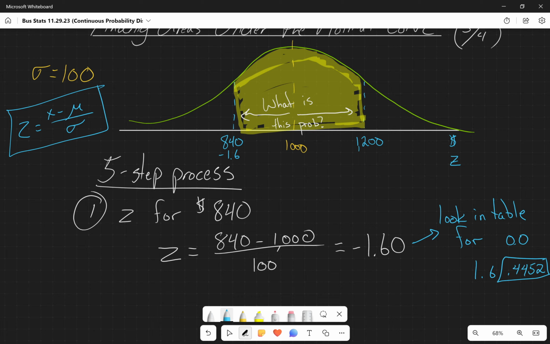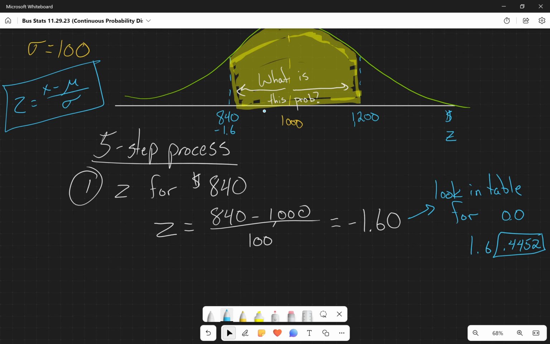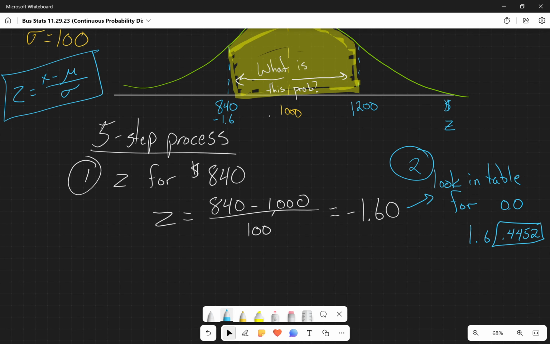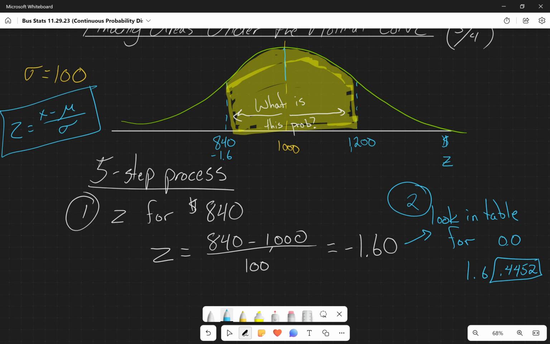Now, I kind of jumped ahead of myself because this is actually step 2. So this 0.4452 is telling us this part of it.